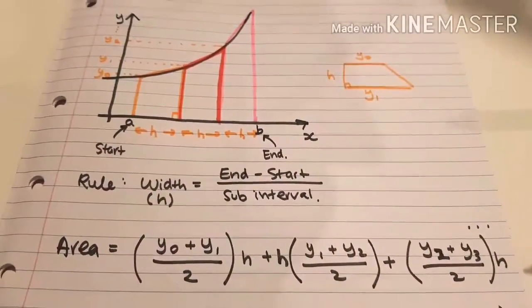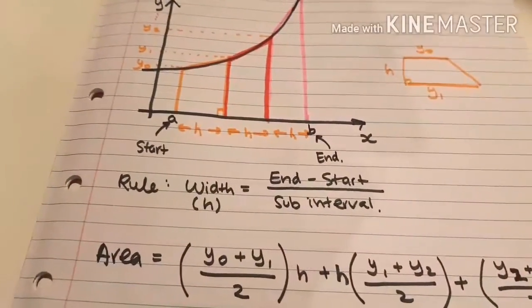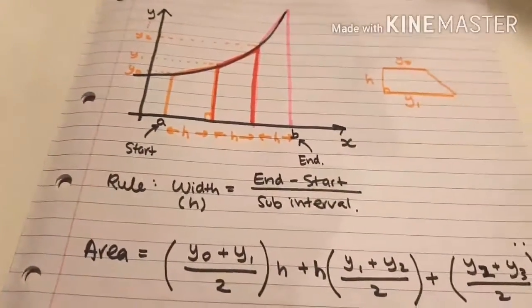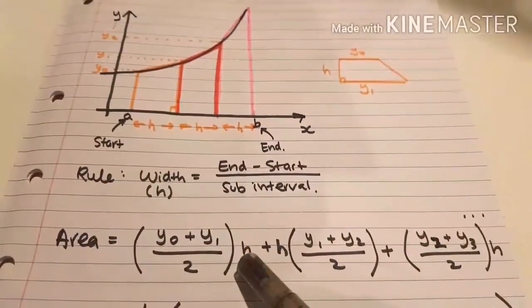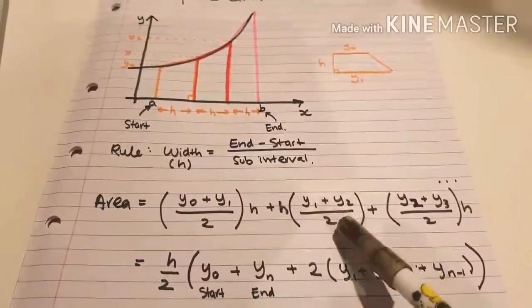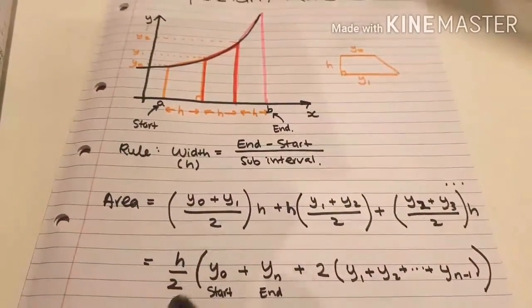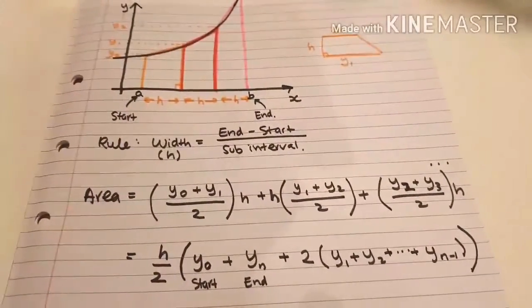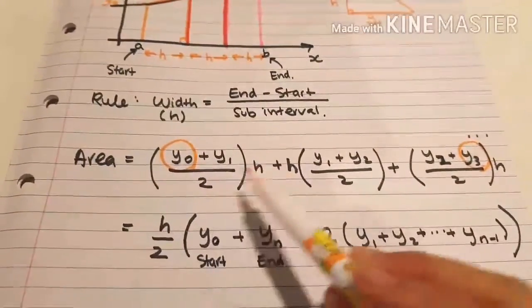If I generalize and simplify the solution a bit, I can pull out h over 2 from each term.